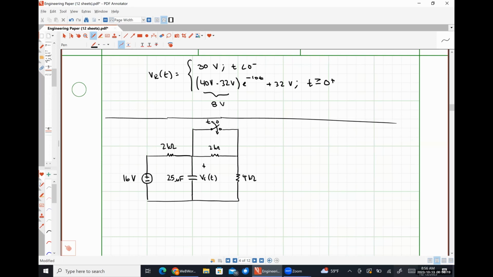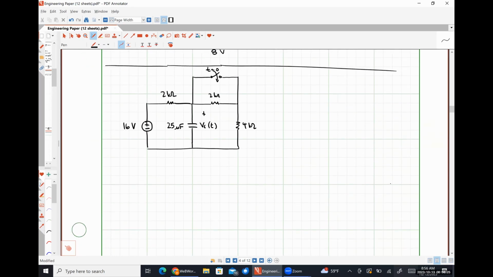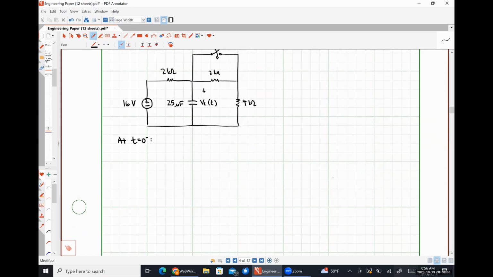So what is our circuit going to look like at t is equal to 0 minus? At t is equal to 0 minus, we have our 16-volt source, 2 kilo ohm resistor.